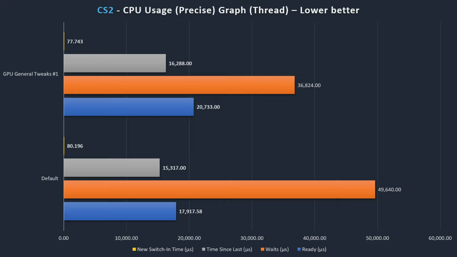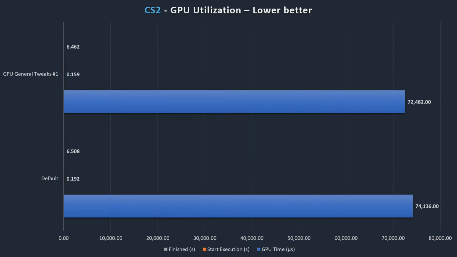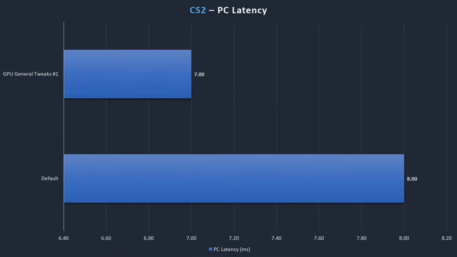So it depends on the metrics, and from what point of view you analyze those changes. The GPU utilization is almost the same. We can say that we have some improvement, and things are better with the GPU general tweaks. The PC latency is lower by 1 millisecond with the GPU general tweaks for CS2.